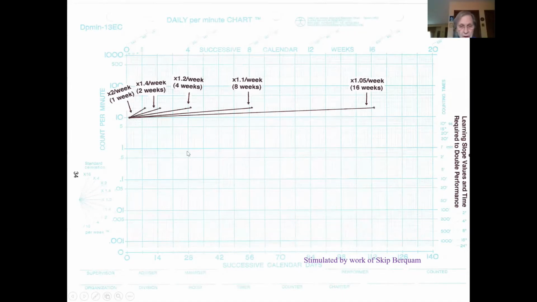So this is a real power of the standard chart. It enables us to actually visualize how rapidly a student is learning, which of course informs our educational decision making about what kind of interventions we may want to maintain or change.